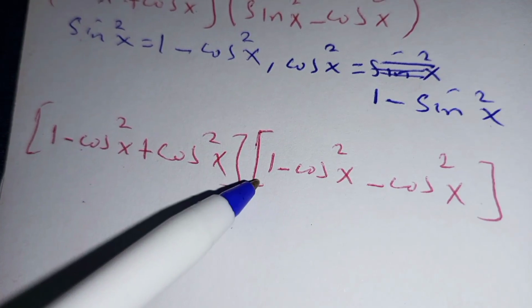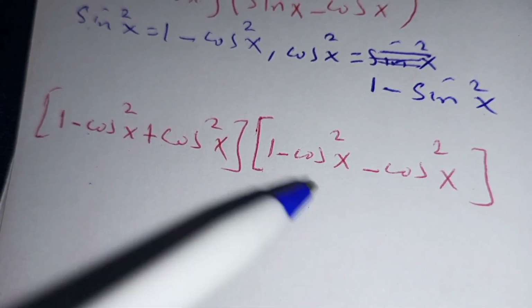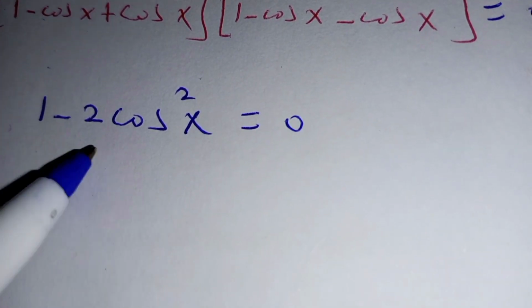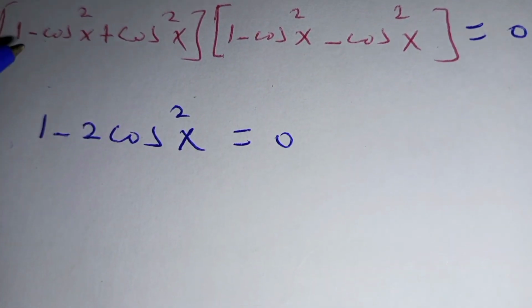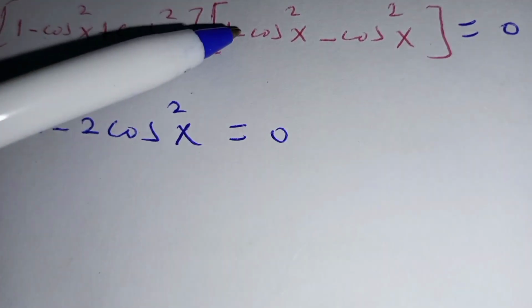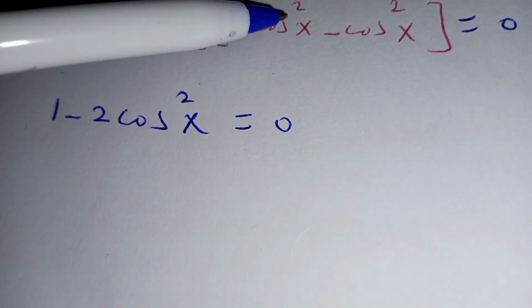The other side will be 1 minus 2 cos squared x. So it will be left with 1 minus 2 cos squared x is equal to 0.